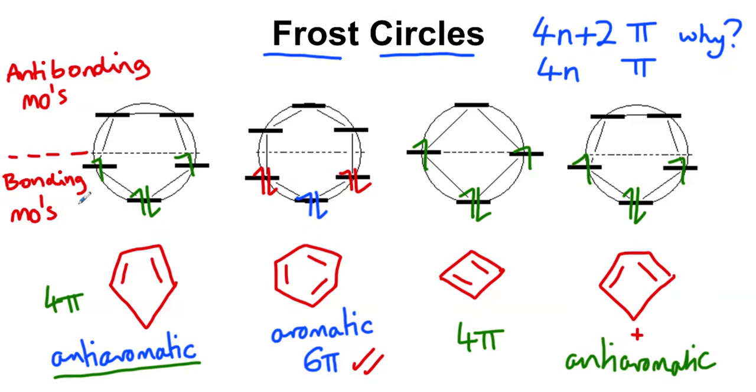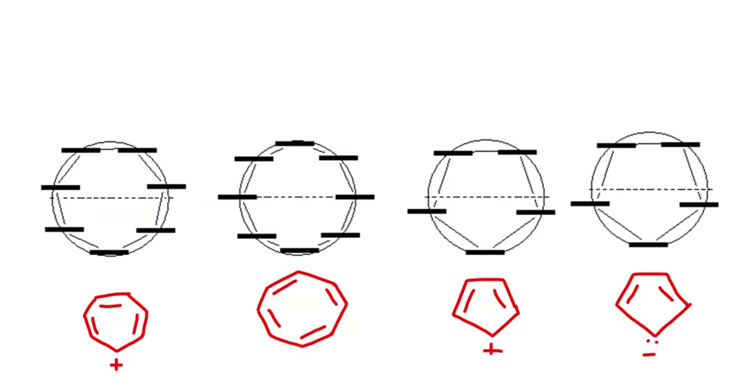Hopefully that makes sense. Now let's go to a couple of others. I have some more examples here just of larger rings, and I've drawn them out underneath, so hopefully you can see what's going on. There are 1, 2, 3, 4, 5, 6, 7 carbons here. This is called cycloheptatriene. This is a cycloheptatrienyl cation.